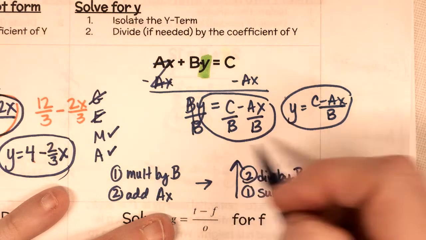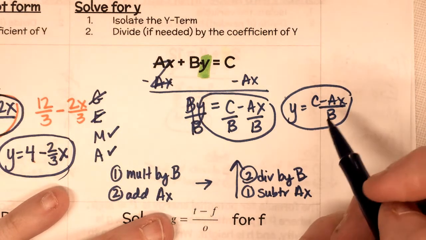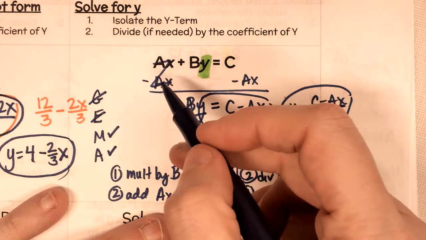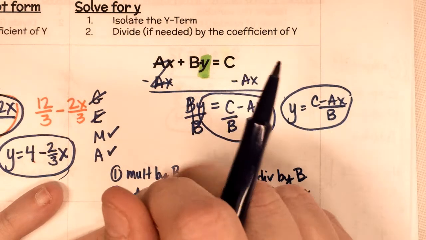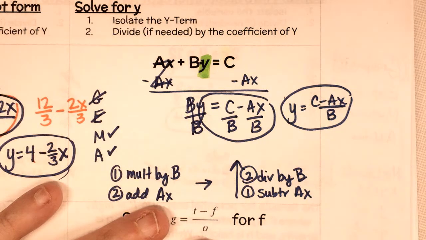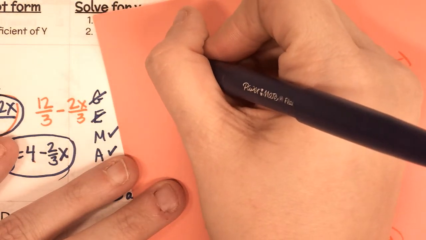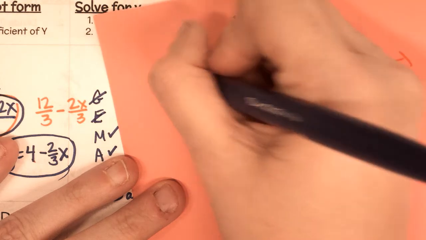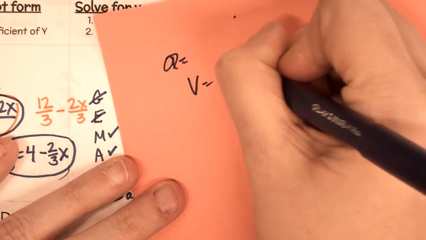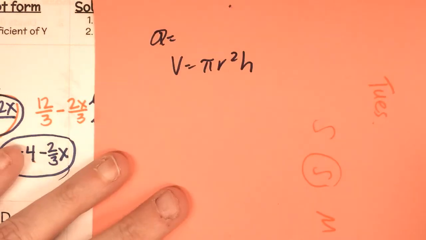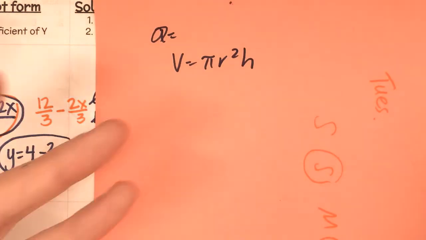And the reason why we're using them is because maybe they're giving me an equation. Here's an example. One of the problems on your homework was V equals pi r squared h, and they said write it in terms of height. And people are like, why would I do that?